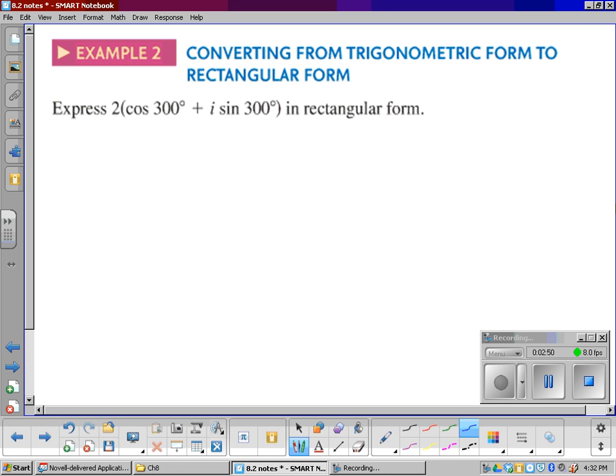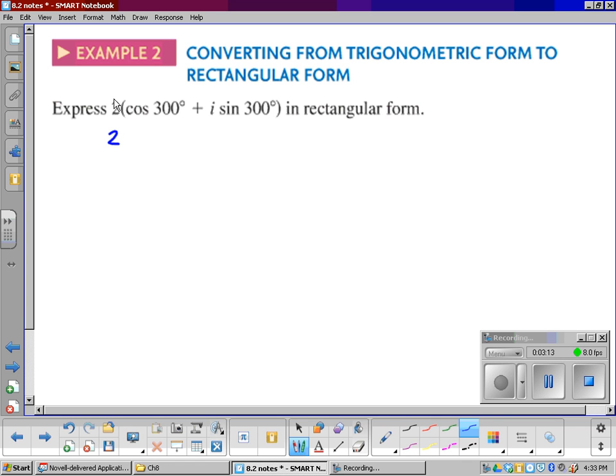Before we do that, I want to show you a shortcut notation, and this is notation only for writing this expression right here. These angles, 300 and 300, are always going to be the same. It's always going to be cosine of an angle plus i sine of the same angle. Since you have that consistency in the pattern, they've come up with a shortcut for writing this.